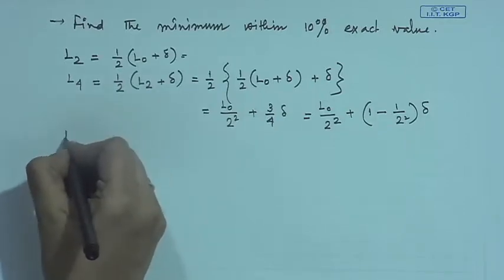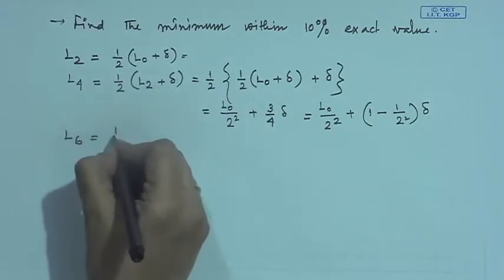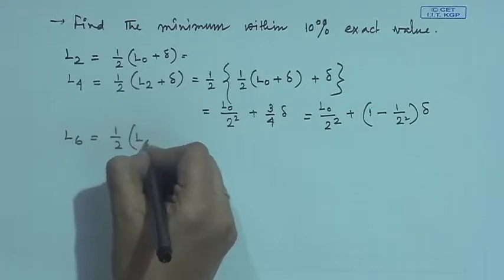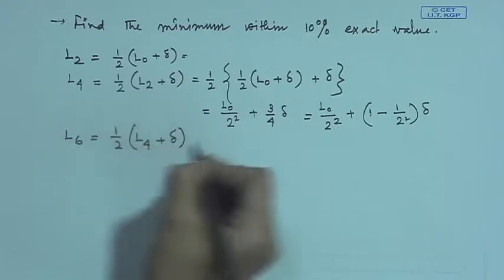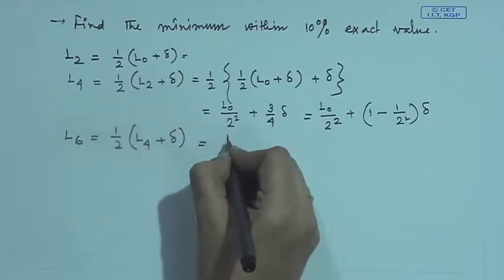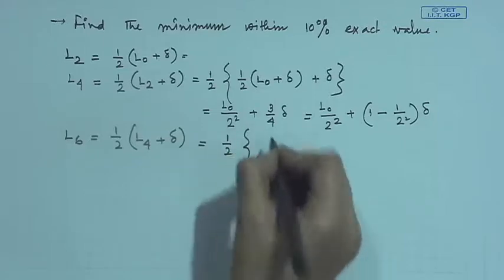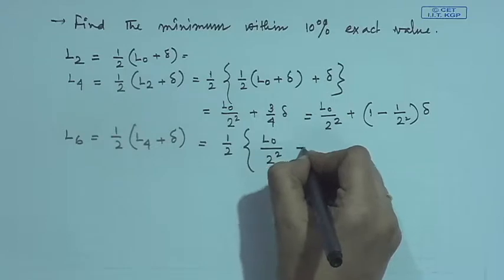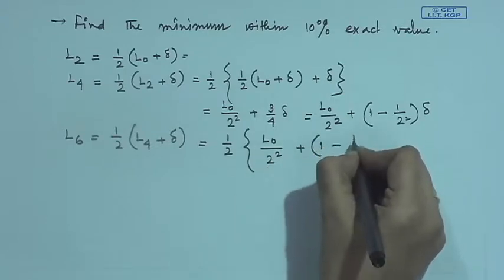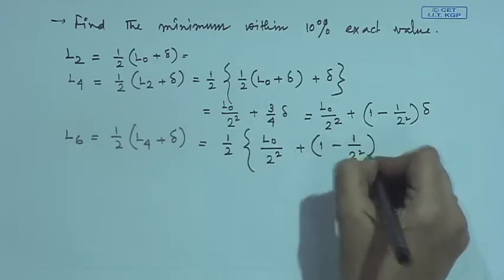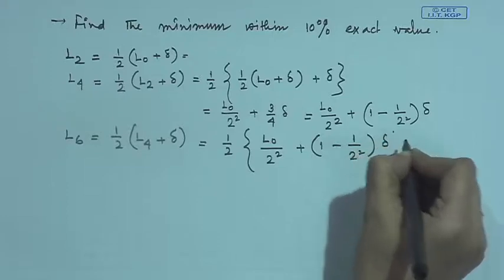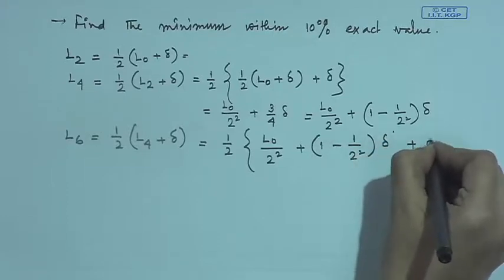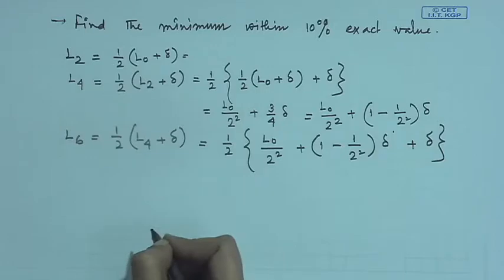Going further, L6 is half of L4 plus delta, which is equal to half of L0 by 2 square plus 1 minus 1 by 2 square delta, plus delta, alright.